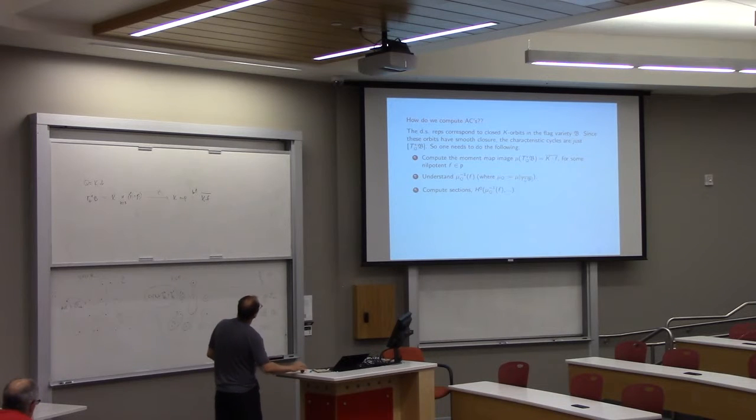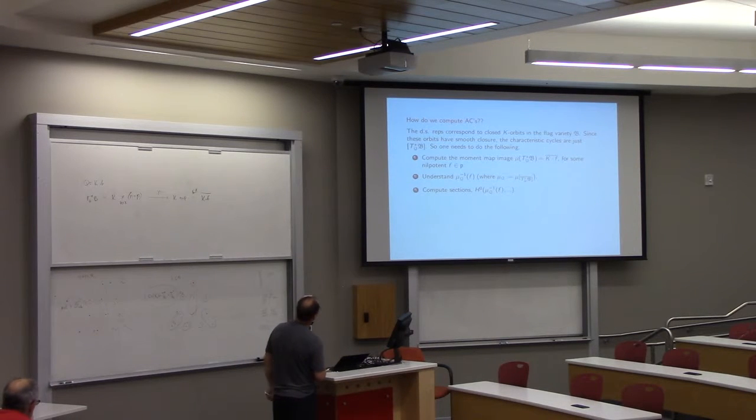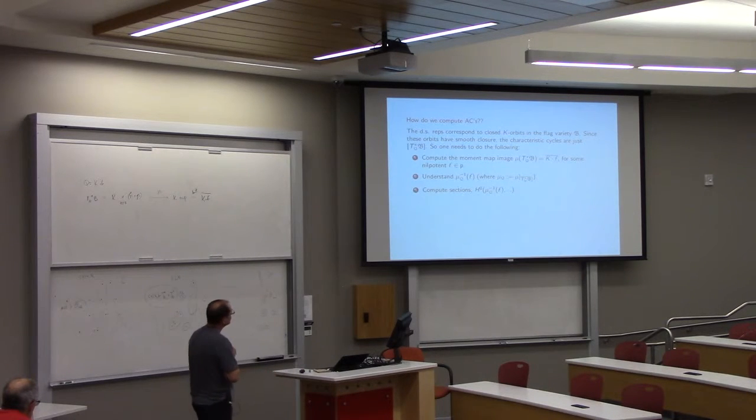Okay, so I guess the main reason we chose discrete series was that the discrete series correspond to closed orbits which have smooth closure.